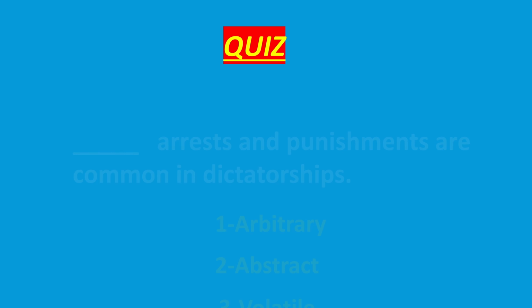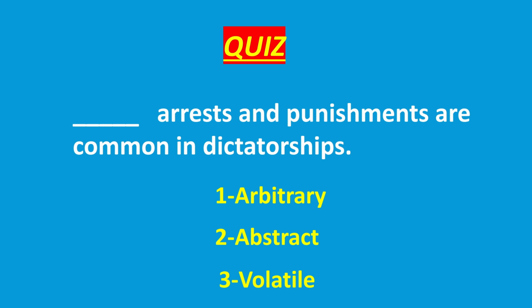Next question: blank arrests and punishments are common in dictatorships. Options are arbitrary, abstract, volatile. And the correct answer is arbitrary. Arbitrary arrests and punishments are common in dictatorships.